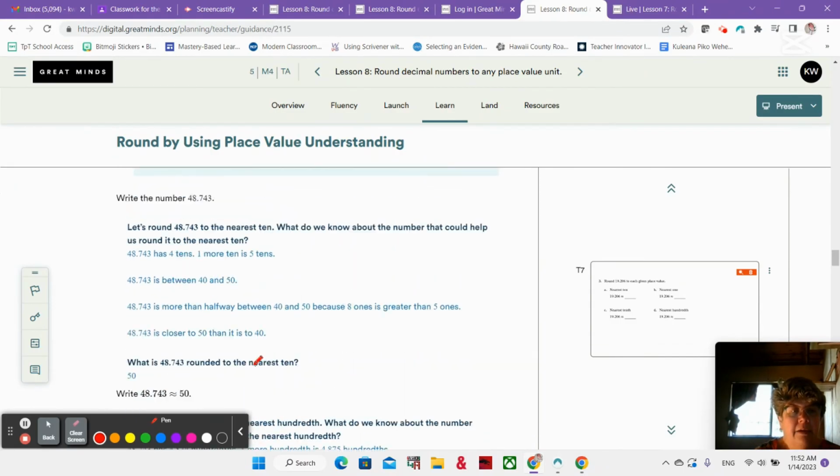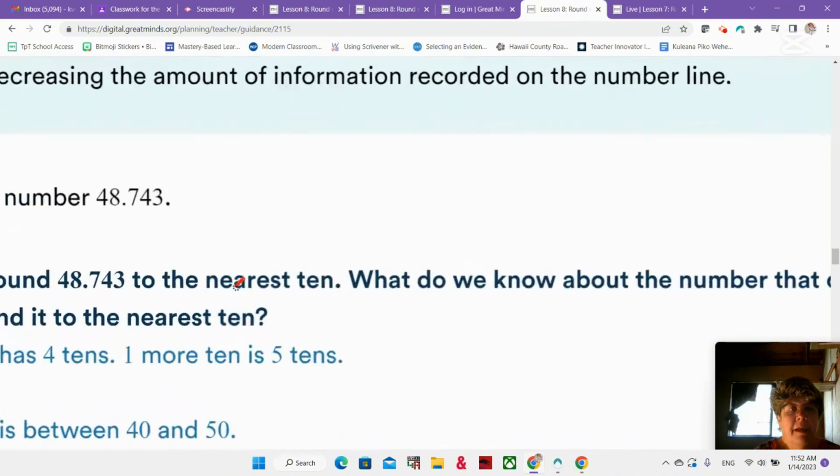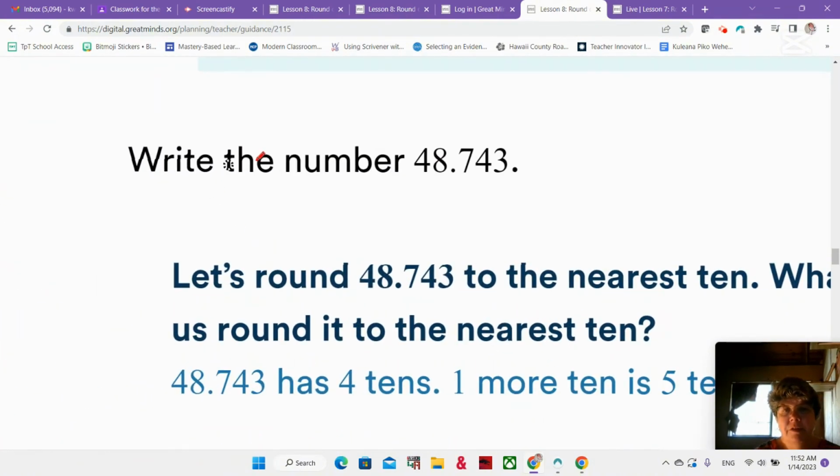Now, if we're using the same number and we're going to the nearest hundredth, okay? And I'm just going to take out that period so you don't get confused. Now, I'm going to go to the nearest hundredth place, right? Okay, if I'm going to go to the nearest hundredth, I'm going to think about 48 and 74 hundredths being at the bottom.